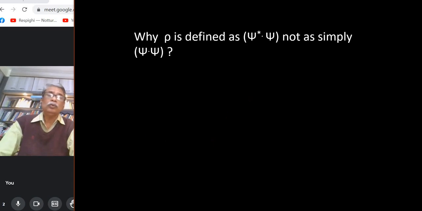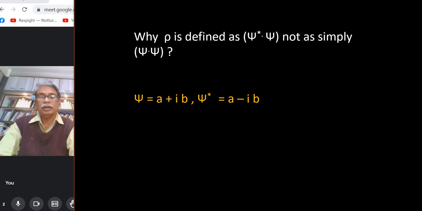Why is rho defined as psi star psi, not simply as psi dot psi? So why not just psi square? It's mod psi square, that is psi star psi. What is the answer? Well, psi in general is a solution of the Schrodinger equation, so it can be a complex function. For example, a plus ib.